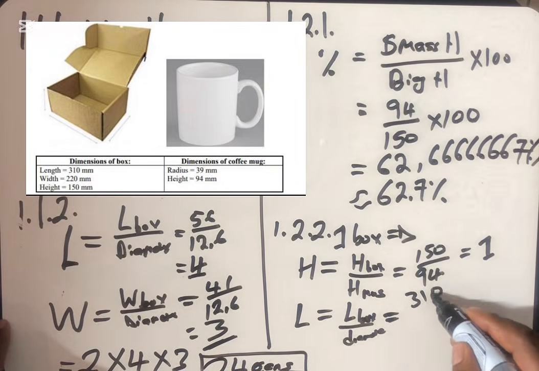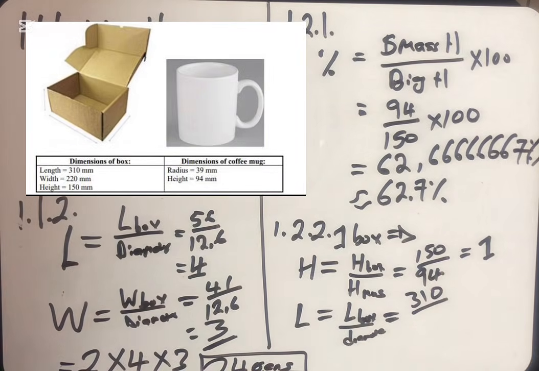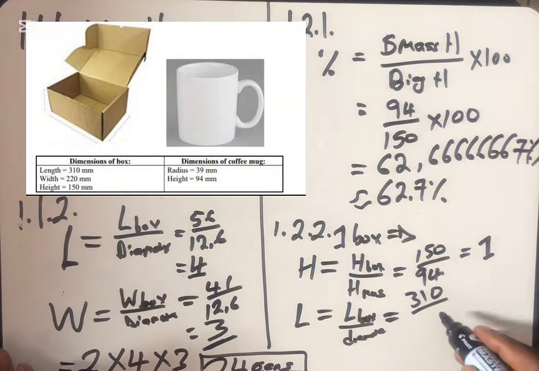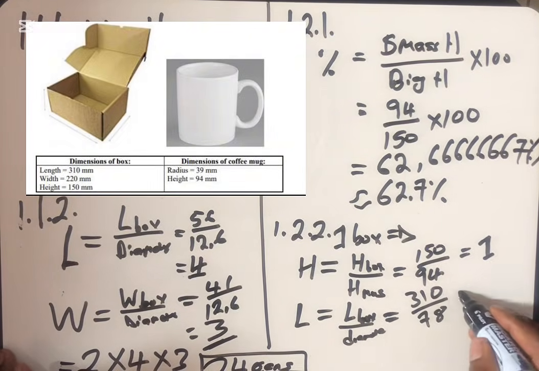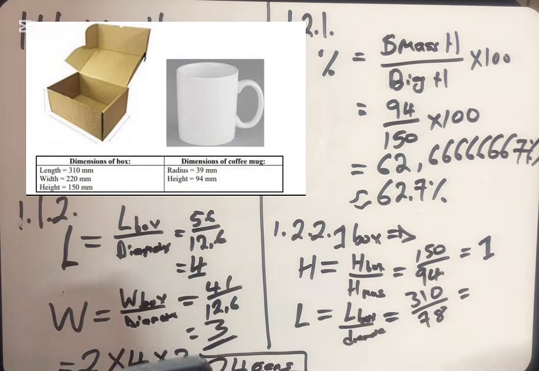And then the diameter of a mug is going to be 39 multiplied by 2, which gives 78. Now we're going to say 310 divided by 78. We find 3 mugs in respect of length.